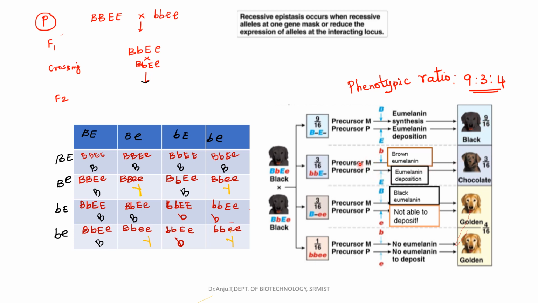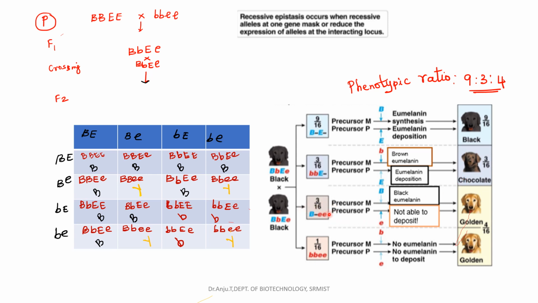For the brown color, the recessive allele for the pigmentation is present, so it will produce the brown melanin pigment, and you have the dominant allele for the deposition. So deposition will take place. The brown pigment is produced and deposited, so the final fur coat will be brown in color.